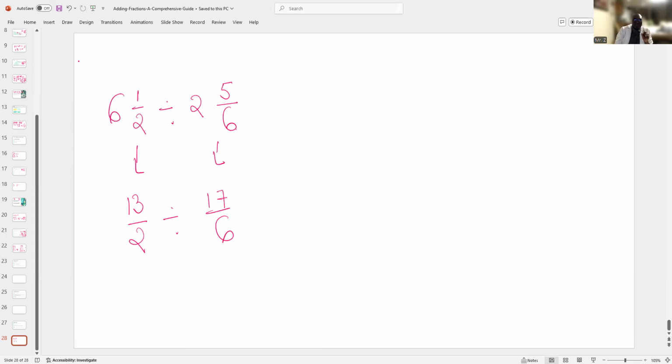Now you have a keep, change, flip. So now we're going to keep the first one, 13 over 2, change division to multiplication. Now flip the second one, which becomes 6 over 17.